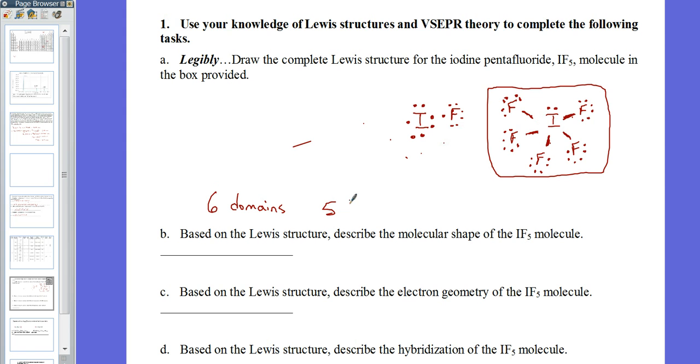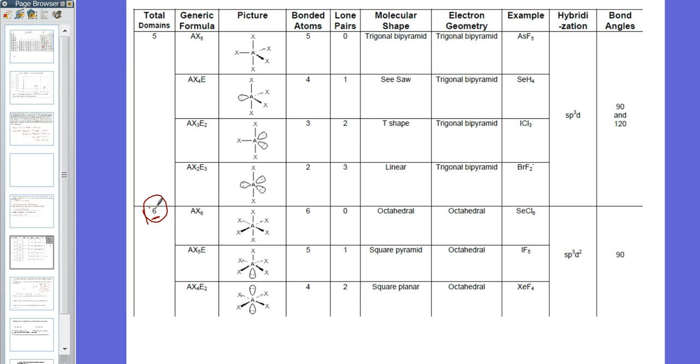5 of them are bonded, and there's 1 lone pair on the iodine. So you're looking around the central atom to describe this. The central atom has 6 domains around it, 5 of them bonded, 1 of them not. So you go to your sheet, 6 domains, 5 bonded and 1 lone pair. The molecular shape is square pyramid.